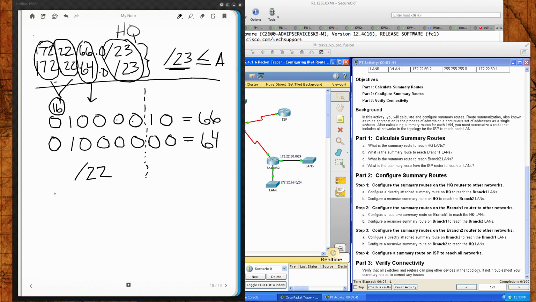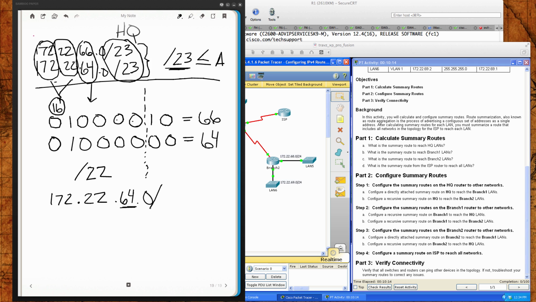So we know that the summary address here would be 172.22.64.0. Now, is that right? Let's take a look. We've got zeros, and everything's matched up all the way down to the zeros, but the last value that we have is this 64.